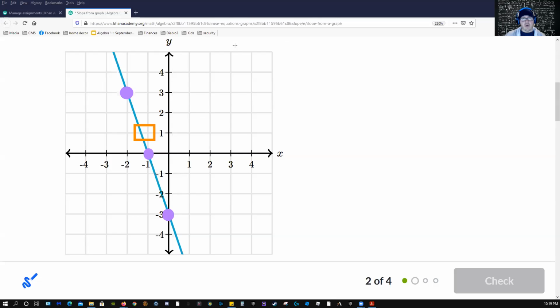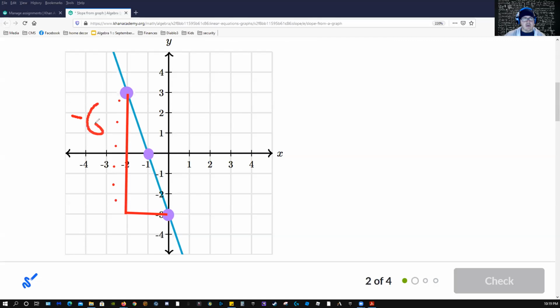So then we'll draw a triangle. Get a color that I like. So that's down 1, 2, 3, 4, 5, 6 units.